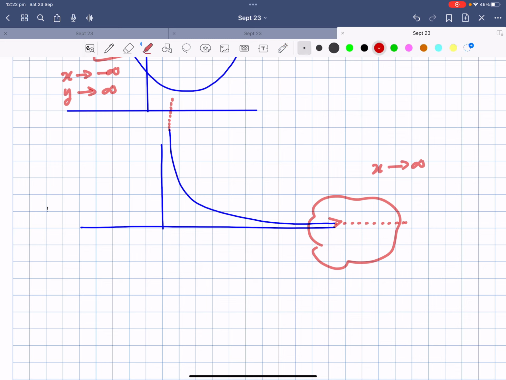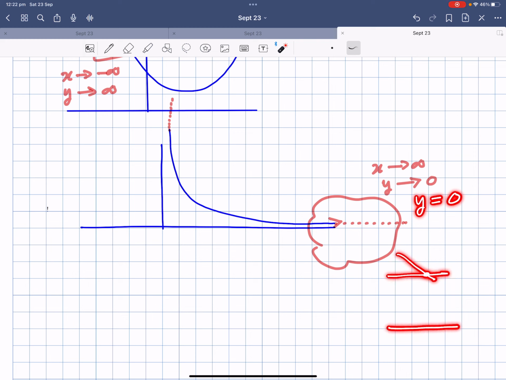Now, when x goes to infinity, y value goes to 0. Now we have to understand this one, goes to. It is not y is equal to 0. Y equal to 0 means it should hit the axis like this. Right? Goes to 0 means it should be parallel like this.